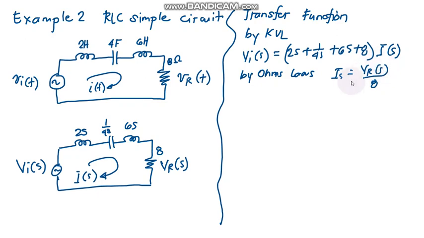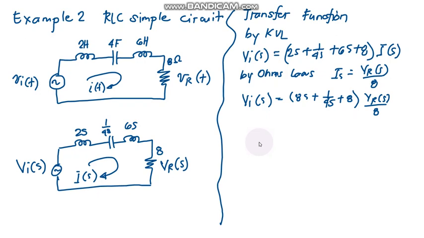Okay, so we take this equation because we are interested to incorporate VR of S in our equation because it's the output. So simplifying, substituting this IS to our first equation, we're going to have VI of S to be equal to, combining the two similar values, 8s plus 1 over 4s plus 8 multiplied by VR of S over 8.